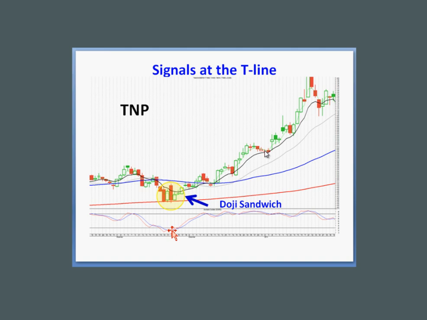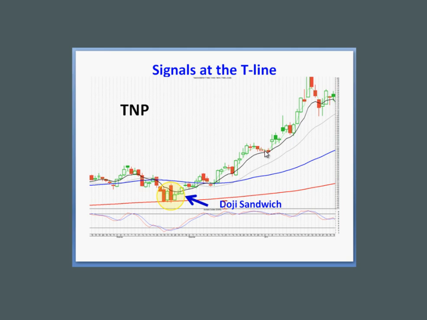Does the buy-sell signal and the T-line apply to all charts? You could be looking at a 1-minute chart. You could be looking at a monthly chart, everything in between. If you just come back to the simple definition of a candlestick signal, which is the graphic depiction of everybody buying and selling during a particular time frame. Doesn't matter whether that time frame is 1 minute, 5 minute, 15 minute, or daily, weekly, or monthly.